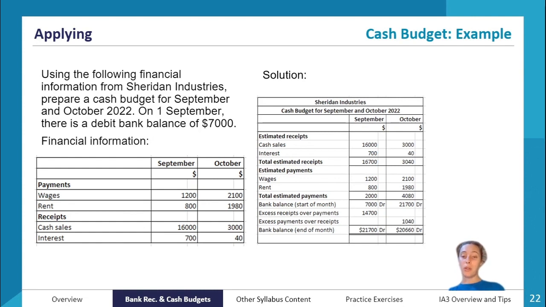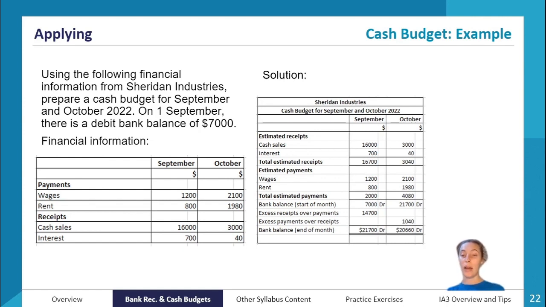If we head back to September, we can see that we also have the bank balance at the end of the month. So we had that 7,000 at the start of the month as a debit balance. And then with the excess receipts over payments, 14,700.